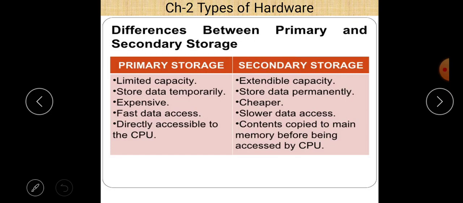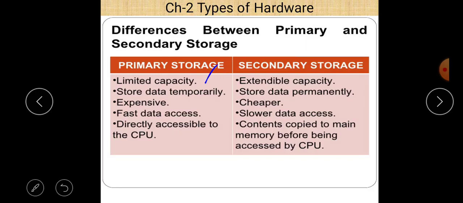There is a difference between primary and secondary storage. The main difference is that primary storage, or primary memory, is a volatile memory, while secondary storage is a non-volatile memory, meaning we can store data permanently in it. Next difference, limited capacity. Primary storage has limited capacity compared with secondary storage.